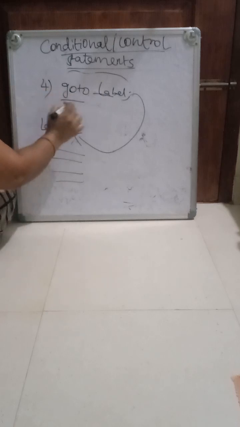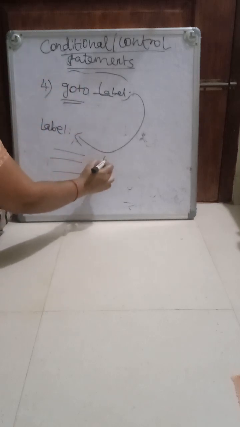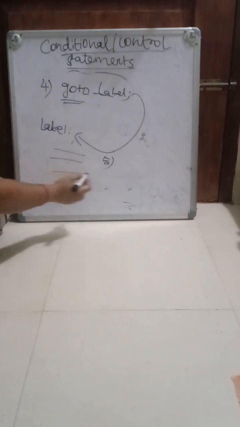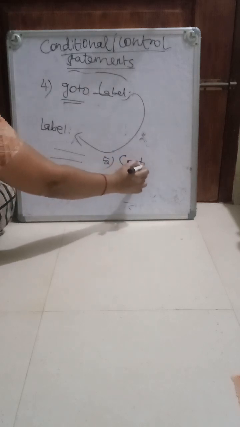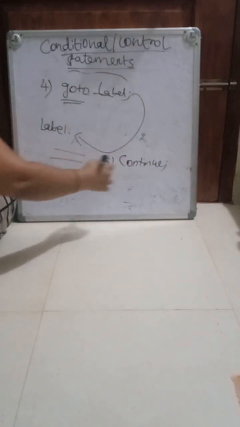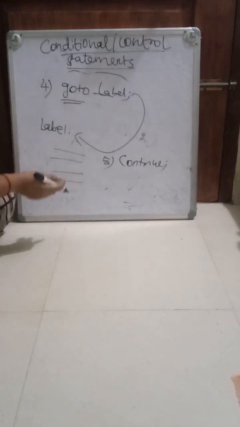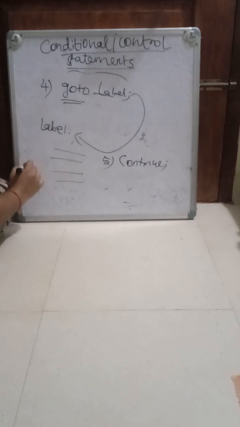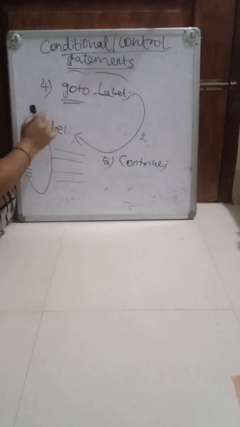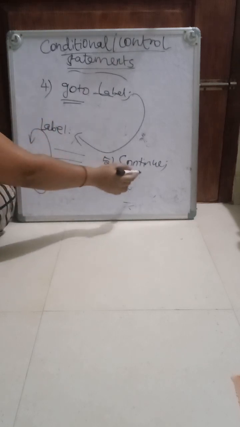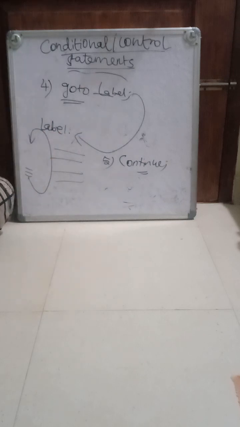So that is the goto statement, and another one is the continue statement. This continue can also be used inside loops or blocks. For example, if a certain condition is met, I can stop the execution here and again continue from the starting. For that purpose we can use the continue statement.